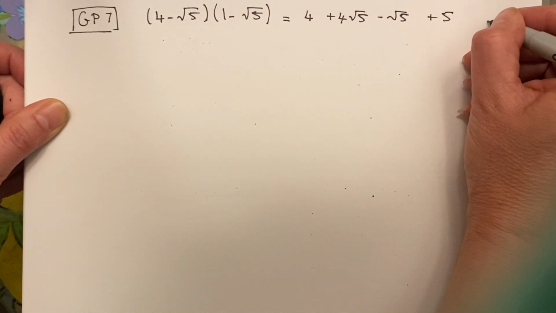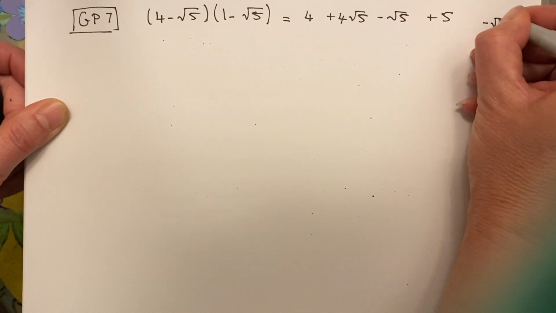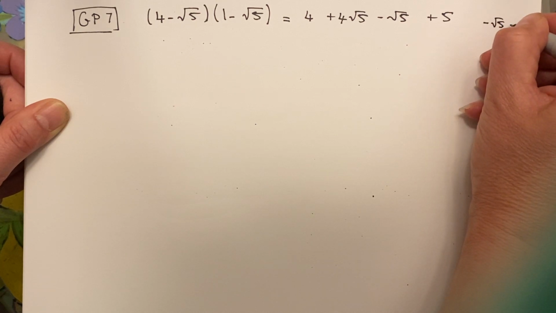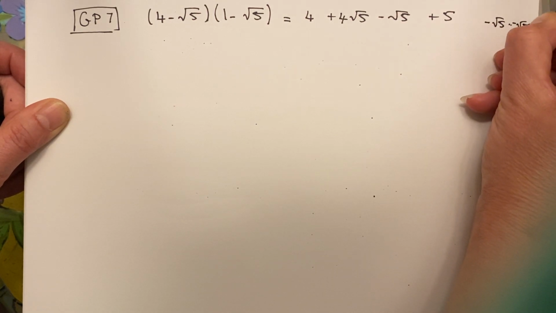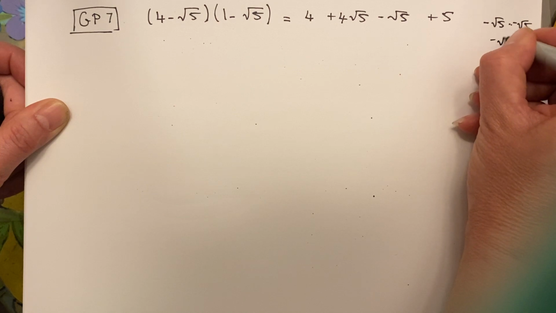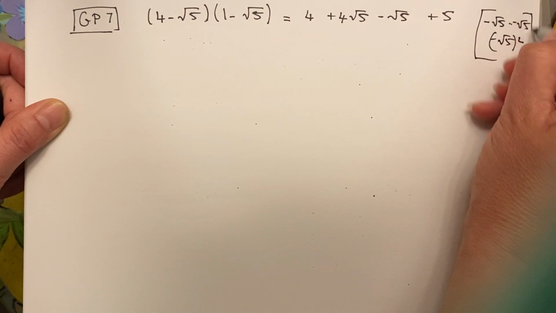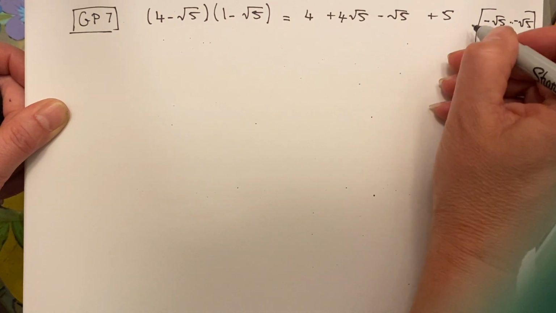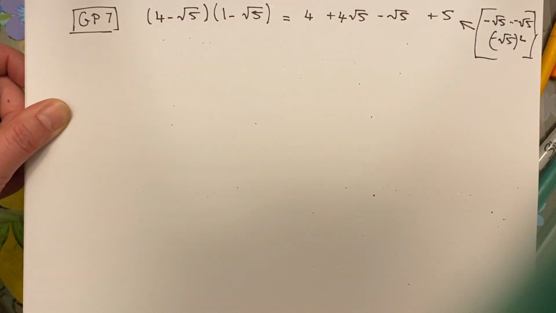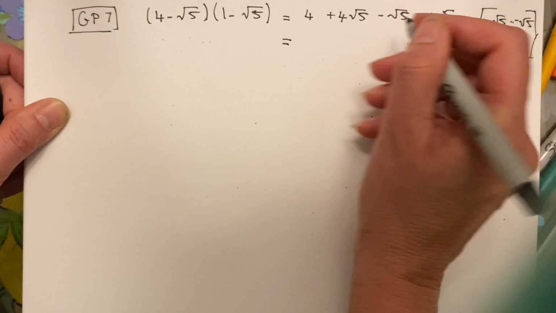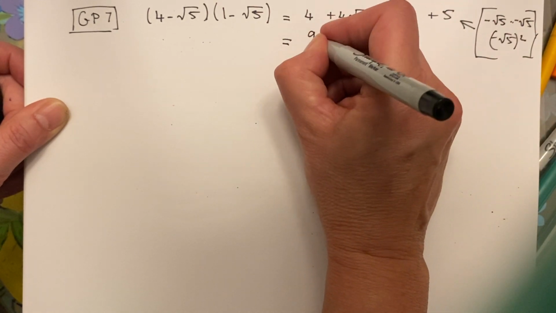If you're not sure, here I'll just demonstrate it. Negative square root of 5 times negative square root of 5 is the same as negative square root of 5 squared. Okay, that's just so that you understand why I'm getting 5. Well, combining like terms, I get 4 plus 5 is 9.